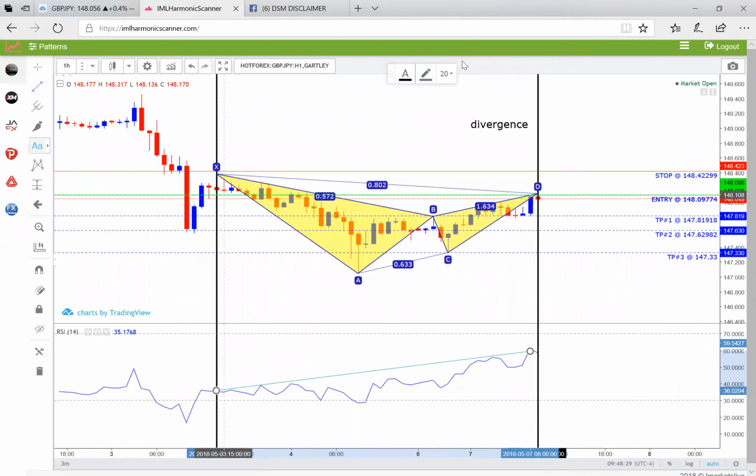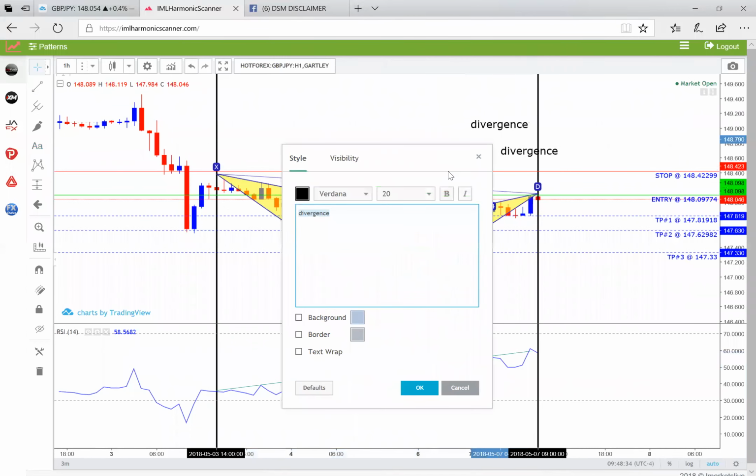Now what we do is analyze price action. This is what I like to do. How? We're going to find the two most recent highs or lows, depending on if we're buying or selling.